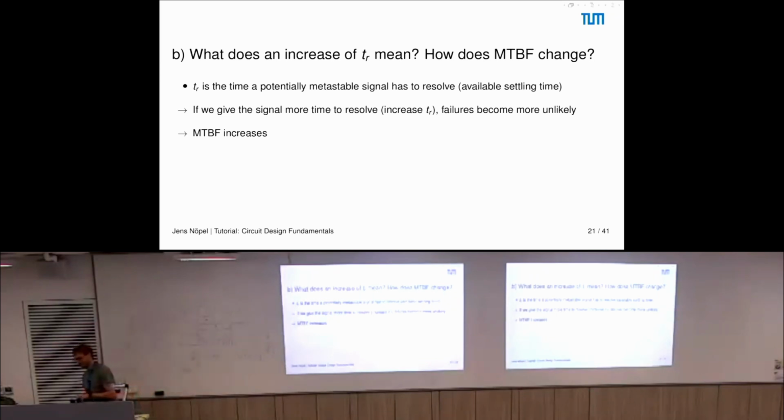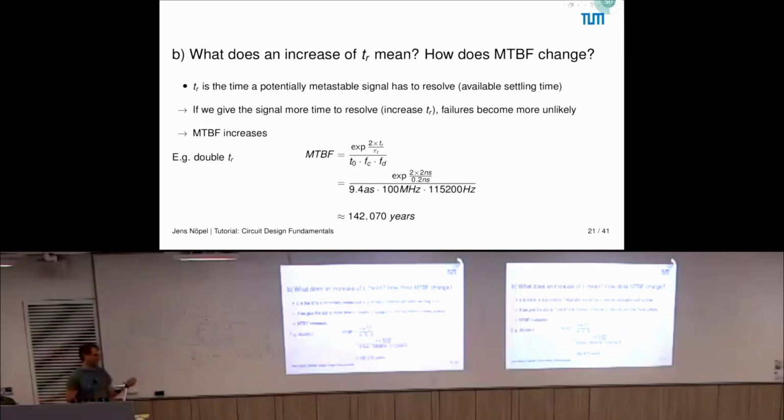And this also means that the mean time between failure increases if we increase TR. So we can also double check that by just doubling TR. If we double TR, do the calculations again, we see that we now expect a failure in 142,000 years.